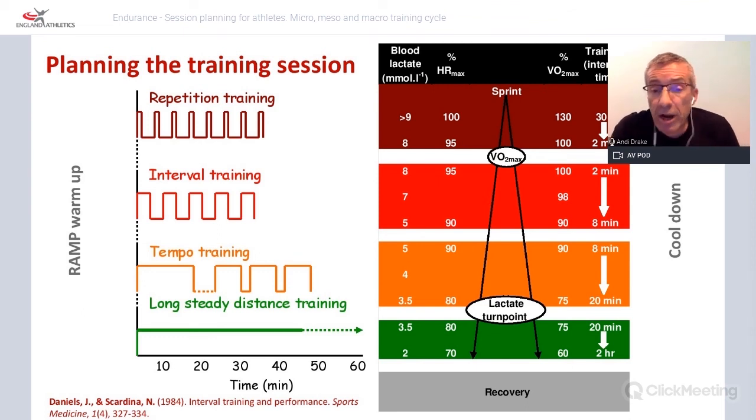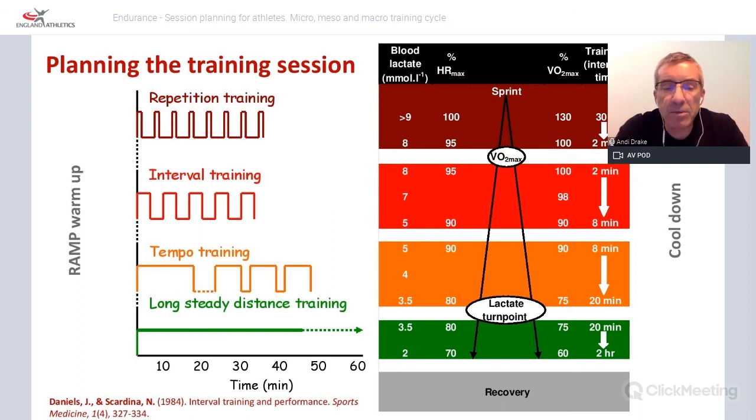Our tempo training takes place around the lactate turn point or just above, and that's perhaps optimized by an all-out steady state run of 20 minutes, or intervals of shorter durations, but around that intensity, and so on. So up through to intervals that are around the maximum oxygen uptake, or all-out sprinting over very short durations.